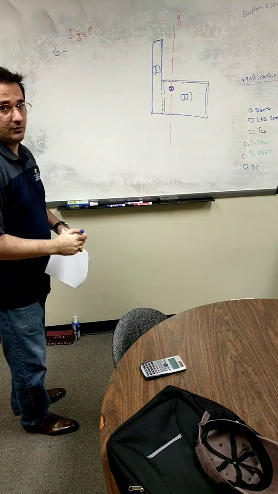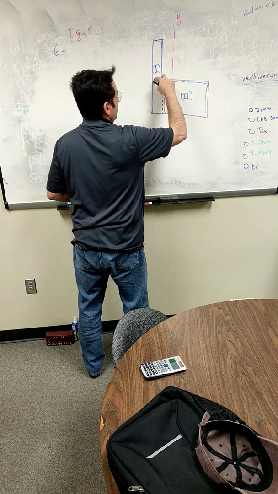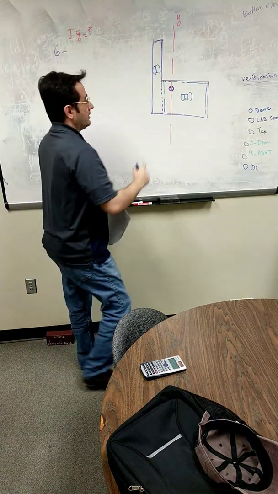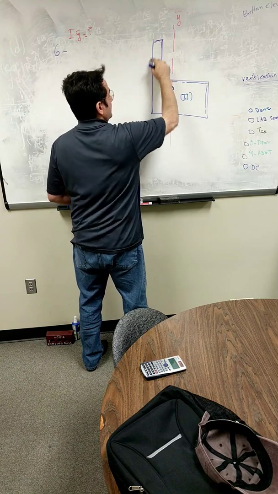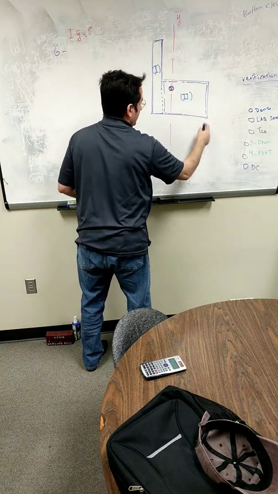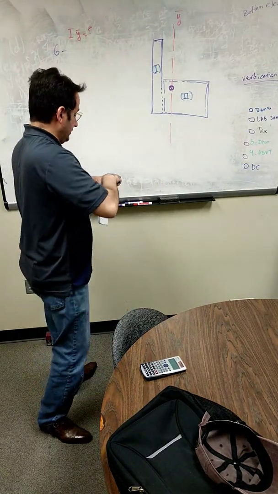That's the way I do it. You could just simply say this is 1, from here to top is 2. Or you could say this is 1, this is 2, and this is 3, three shapes. It's all up to you.